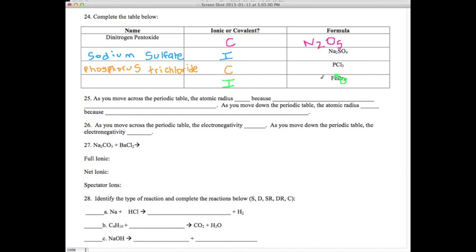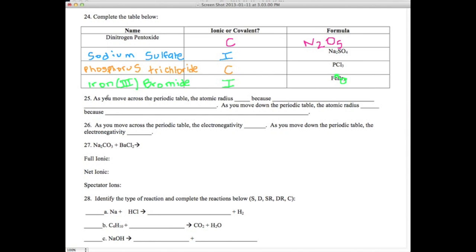Really nice and simple. So when I write out my name, it's going to be iron, in parentheses, a Roman numeral 3, bromine, but remember, it has to have an IDE ending at the end, bromide. The only time you don't have to have the IDE ending is when you have a polyatomic ion.